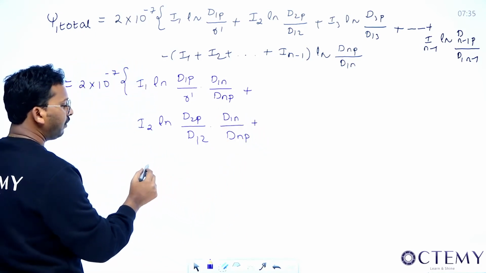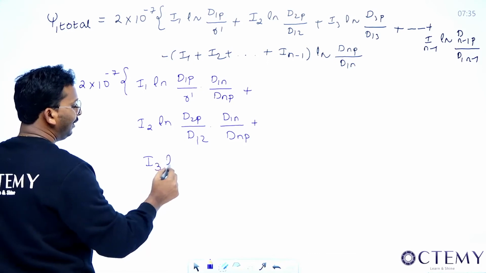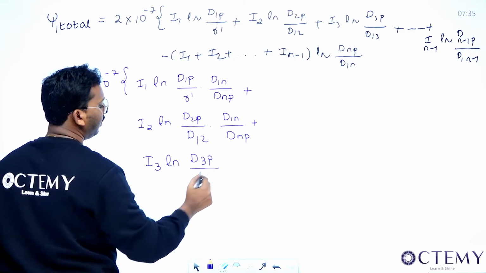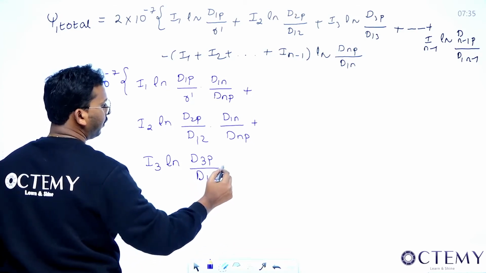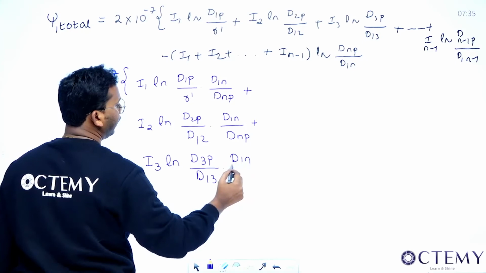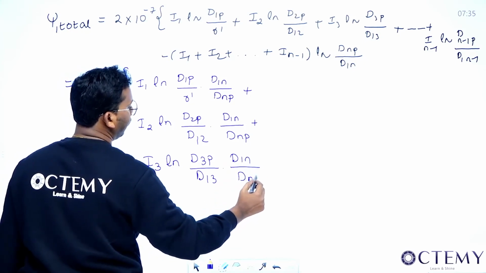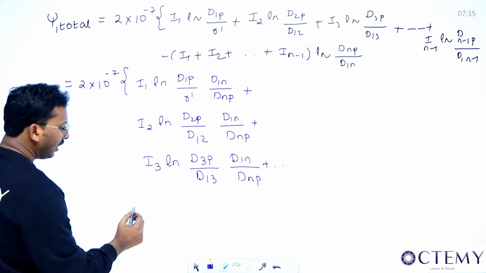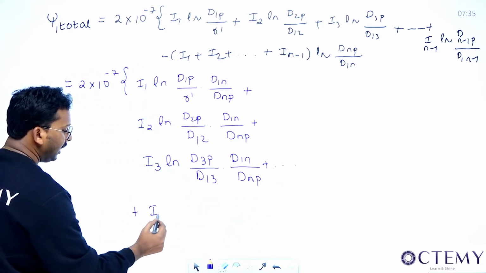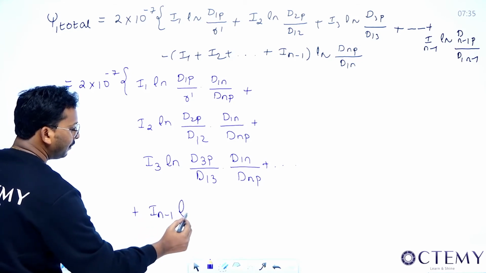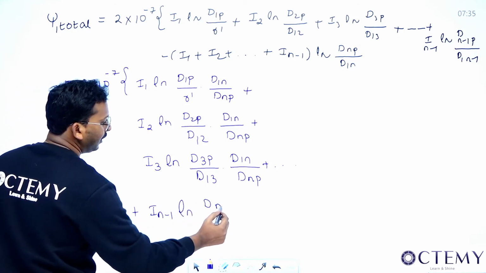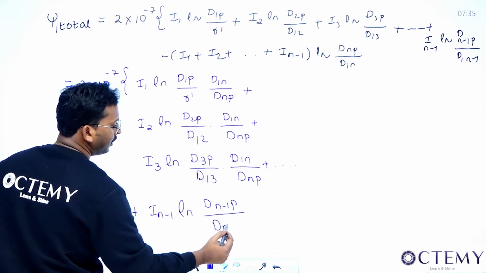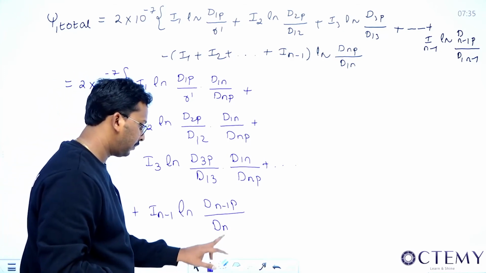Similarly for I3 also, ln d3p divided by d13 into d1n divided by dnp, plus dot dot dot, the last one, I(n minus 1) ln d(n minus 1)p divided by d1(n minus 1).